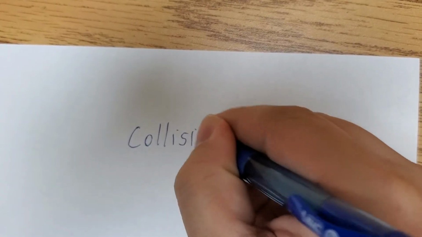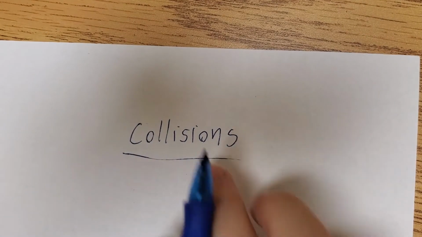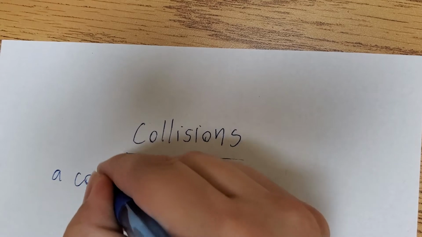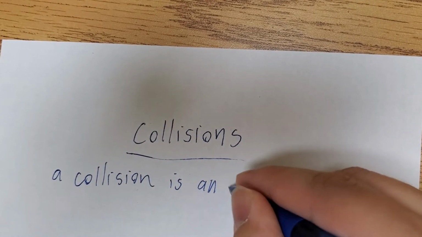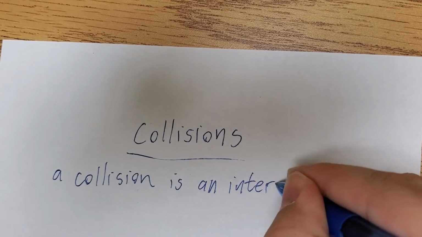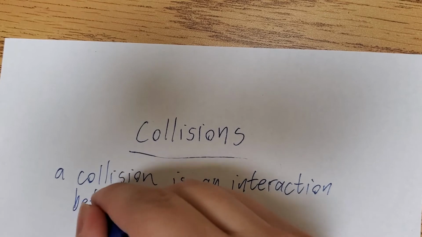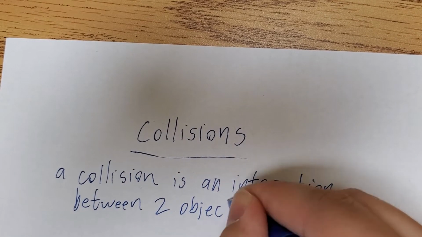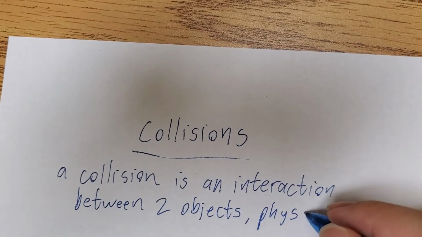We are going to be talking about collisions, okay? So what is a collision? Well, a collision is an interaction, and it's between two objects, and they physically come in contact with each other.